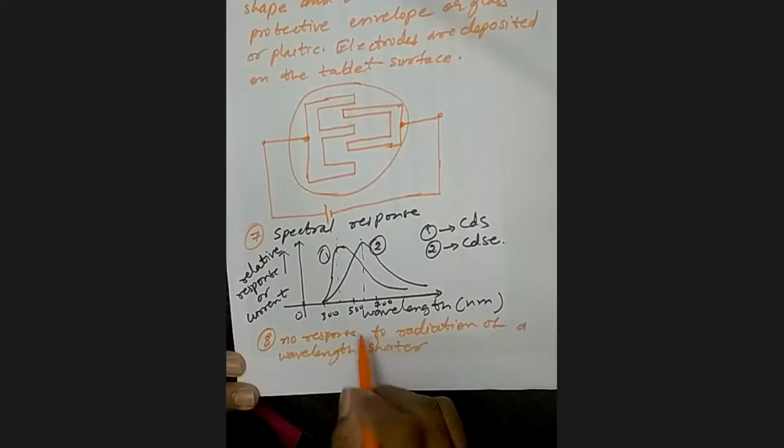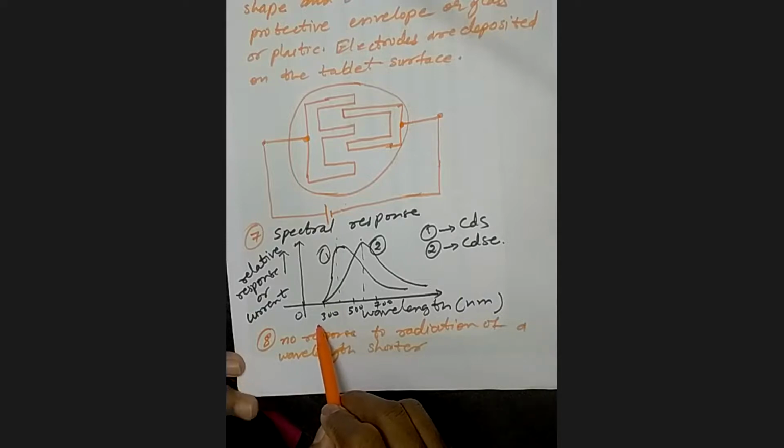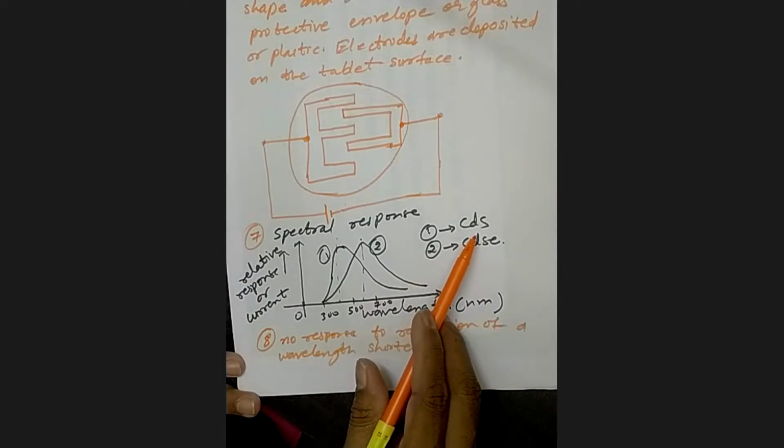If this light falls on the photoconductive cell of cadmium sulfide or cadmium selenide material, there will be no response.